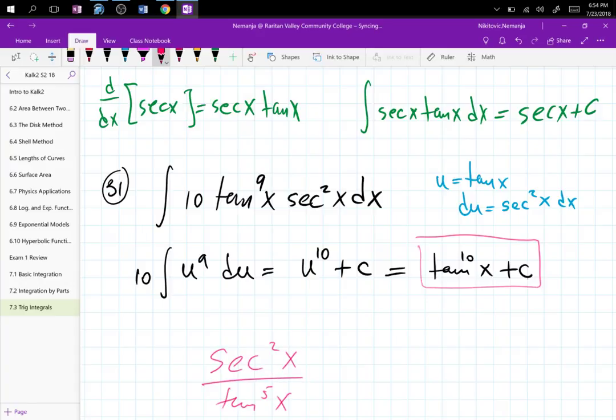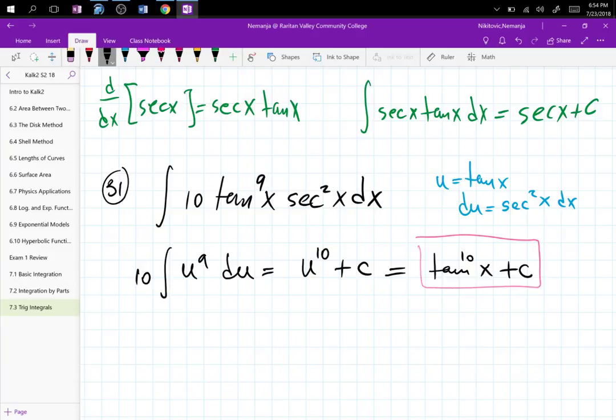Again, you have the secant squared in the numerator. If the secant squared is in the numerator, that means it came from the tangent u sub, right? So what are you subbing on the bottom? It's just going to be du over u to the 5. And then you use integration to integrate 1 over u to the 5, and then you get negative 4, right? As the exponent.